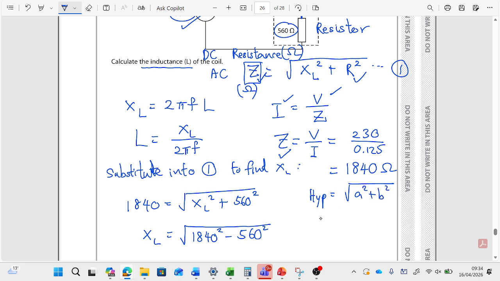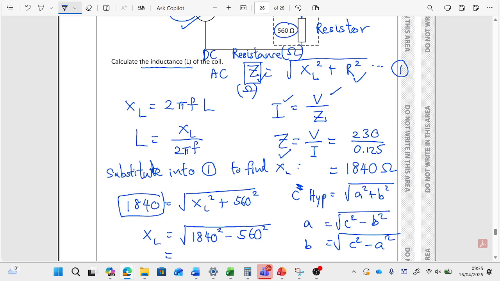If you're looking for another side, like a or b, it's always c squared minus b squared or c squared minus a squared. So this is what is happening: this is my hypotenuse. Once again, can you tell me what is the reactance?